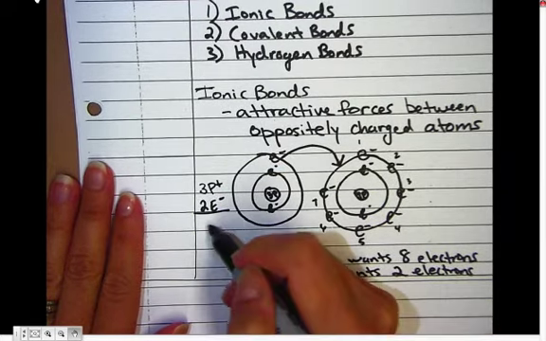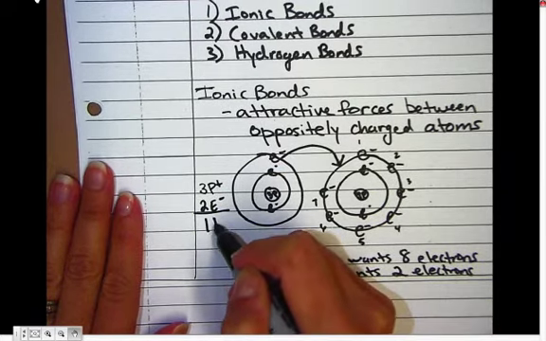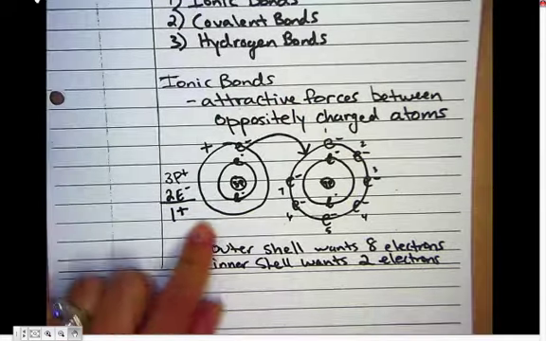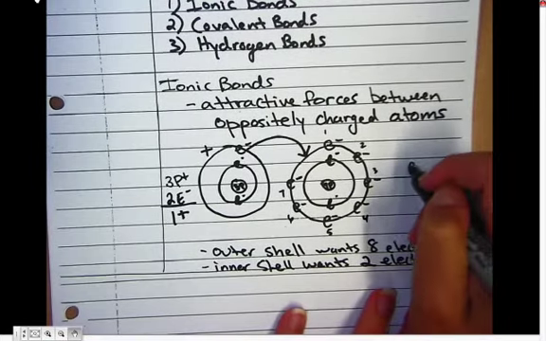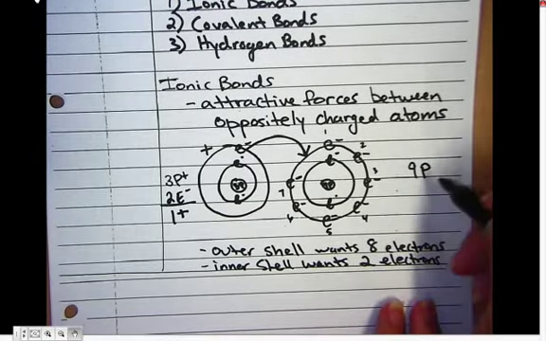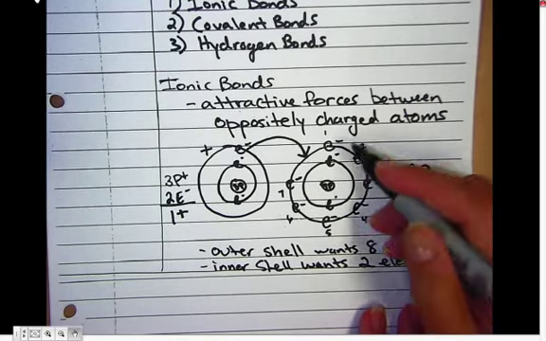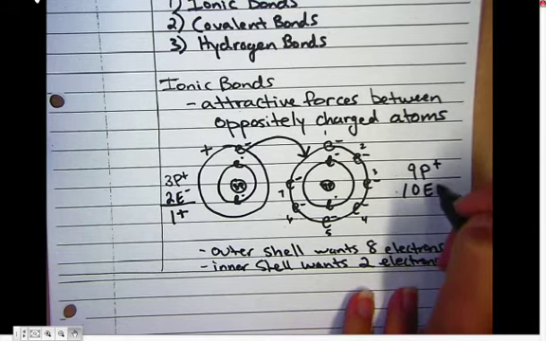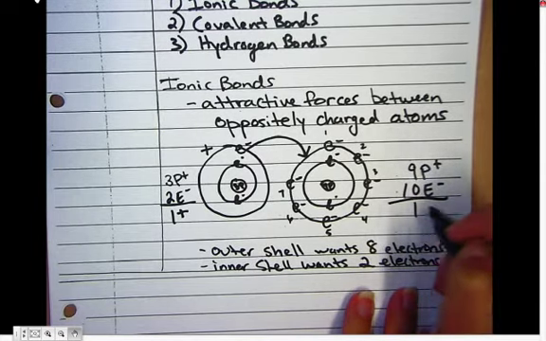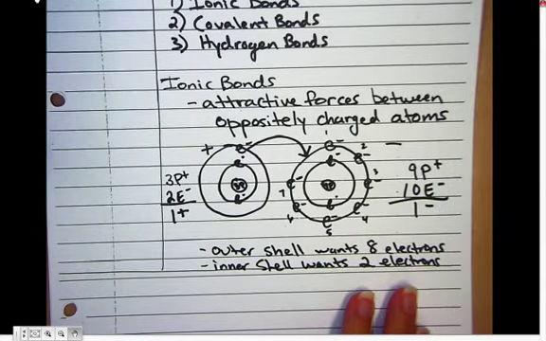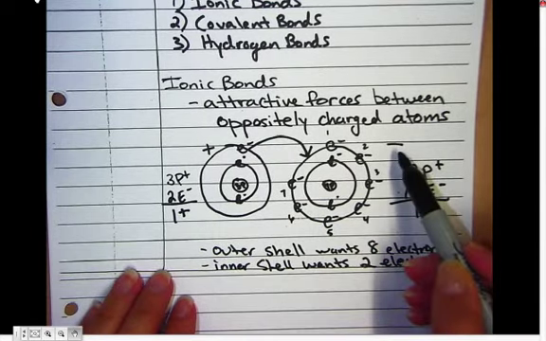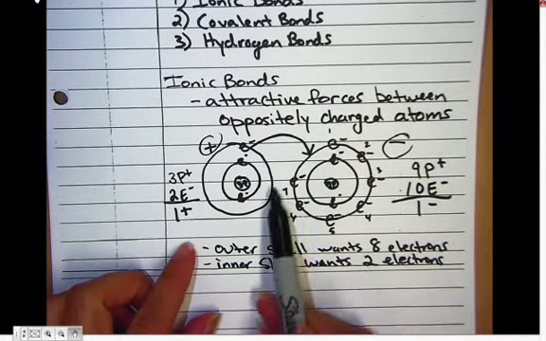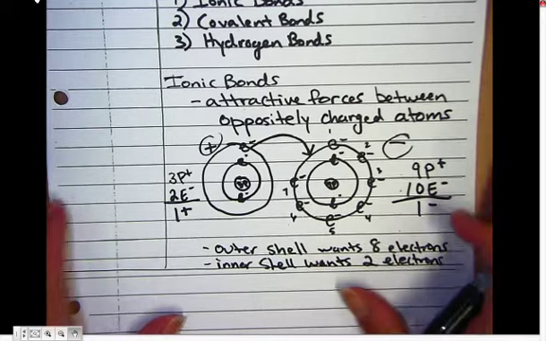So we have an overall charge of 1 plus. So this becomes a positive atom. Over here, we had 9 protons to start with, and we had 9 electrons, but we gained this one, so now we have 10 electrons, and so we have 1 negative, so this becomes negative. And the positive over here and the negative over here attract one another, so these two atoms will stay very close together. That's an ionic bond.